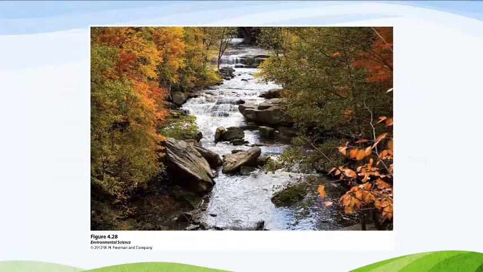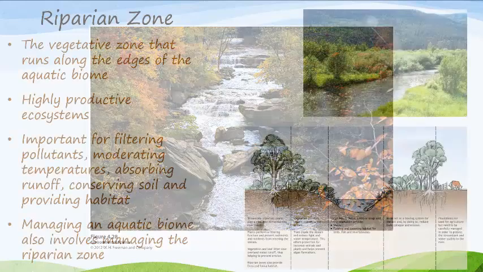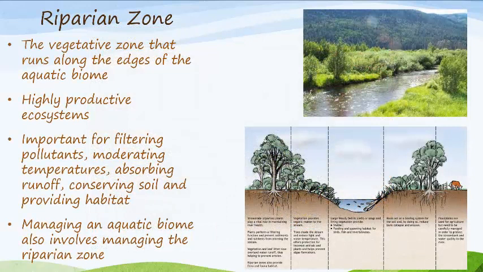And here's an example of what we would call a river because we have a lot of mixing and turbulent water here. And that turbulent water actually brings a lot of oxygen. The riparian zone is just all this vegetation on the side of a river or stream. In an aquatic biome, it could even be around the perimeter of a wetland.